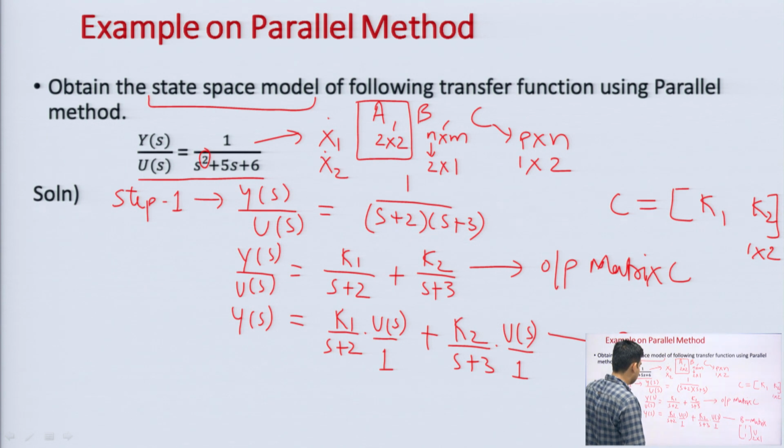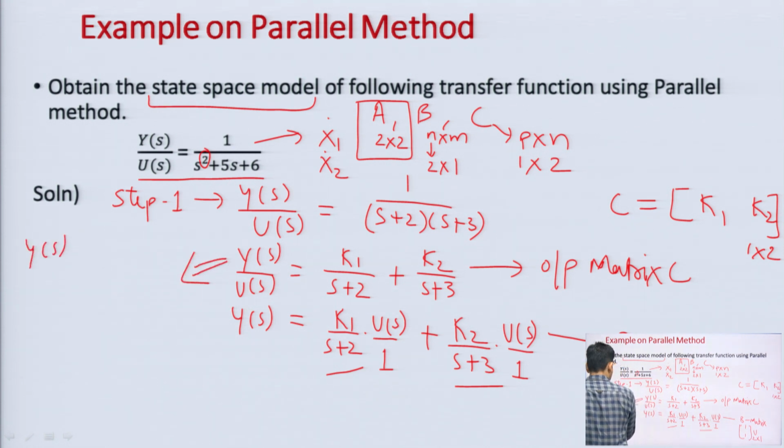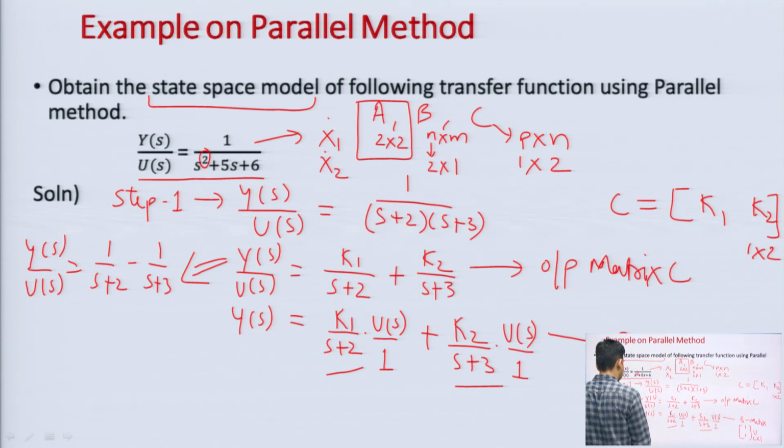So, the A matrix would be given by the roots of this expression. If you solve this expression using partial fraction, then y of s over u of s equals 1 over s plus 2 minus 1 over s plus 3, this type of expression will come.